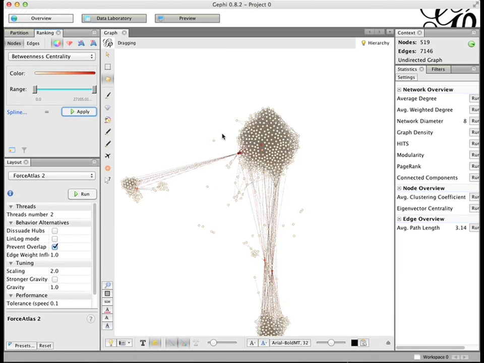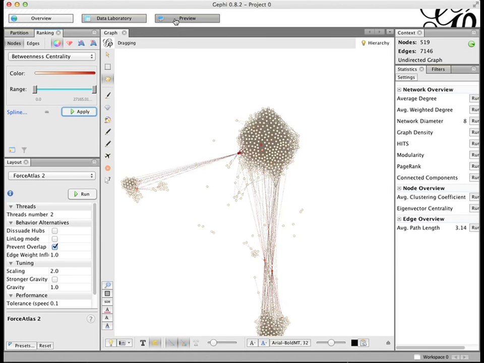So this person is the biggest bridge, I guess you could say, between my friends in town and my family. Normally you would expect that to be me, but it's not, right? Because I'm not in the graph.